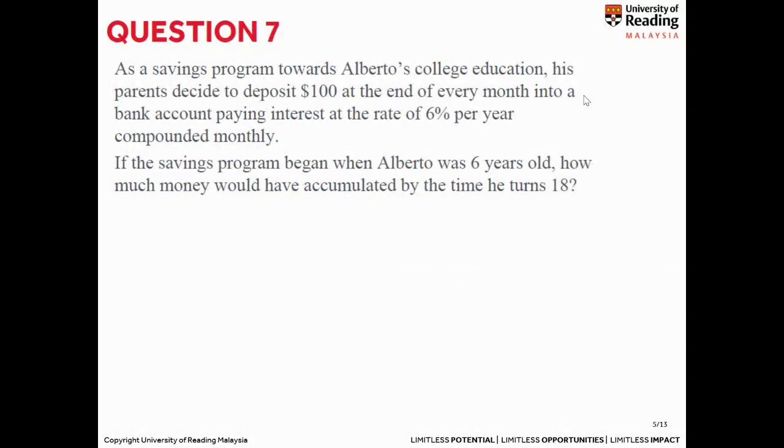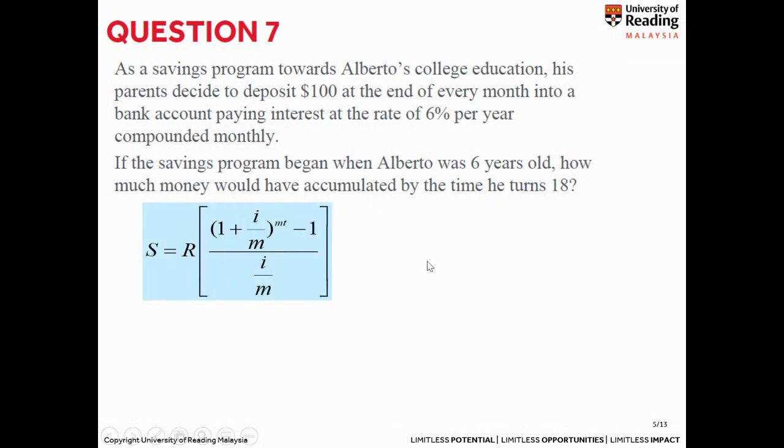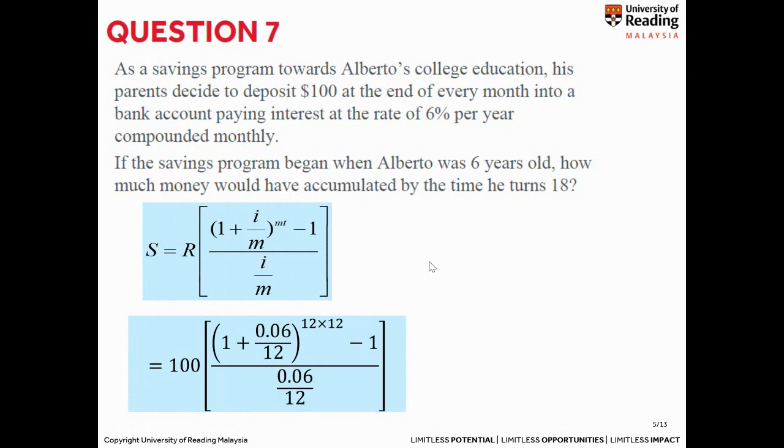From here, they did not give you the number of years. So you need to check from when Alberto was 6 years old until 18 years. So you just take 18 minus 6. So the total number of years will be 12. So sub in all the information in the equation.